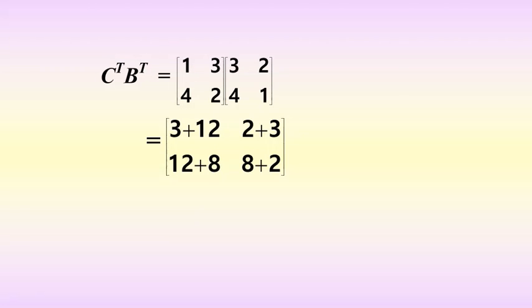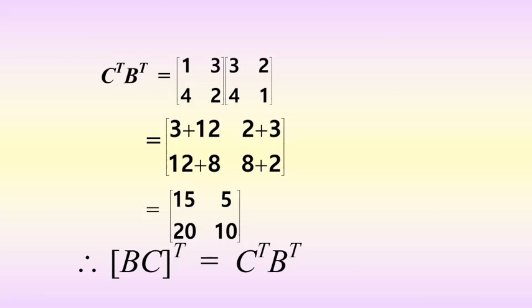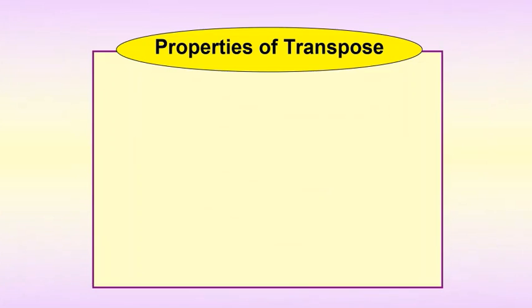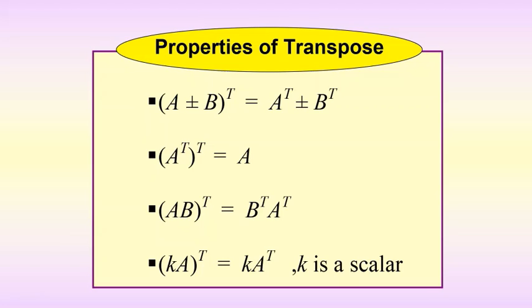We need to transpose first, and after that the multiplication. So we have 15, 5, 20, and 10. Then compare with the first answer just now: exactly the same.